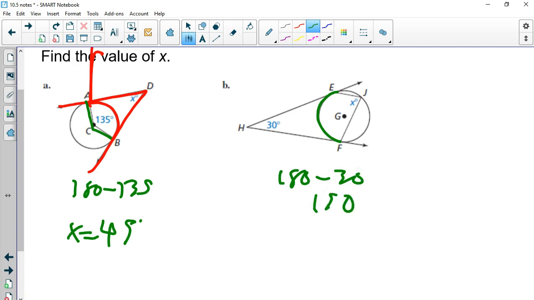So that's telling us this arc right here is 150. Now, that means the central angle right there is 150. But we're looking at an inscribed angle right here. What's the relationship between the arc and that angle? Half. So we need to divide by 2. So x is 75 degrees.